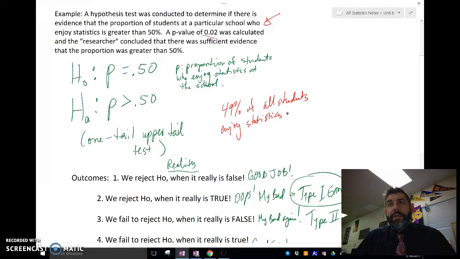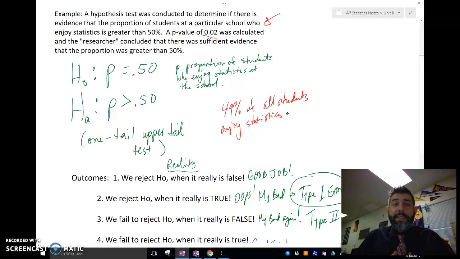So what effect would this have on the actual reality of what's going on? Well, maybe since I did my study, I think, okay, there's evidence that the proportion of students really like statistics.